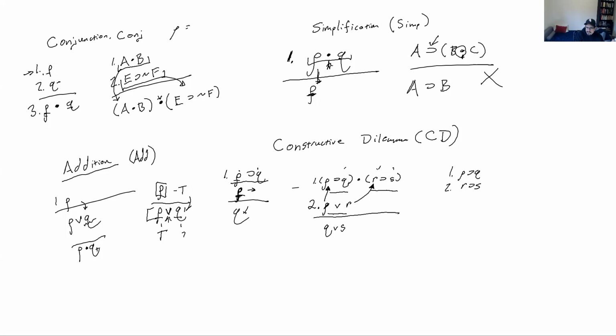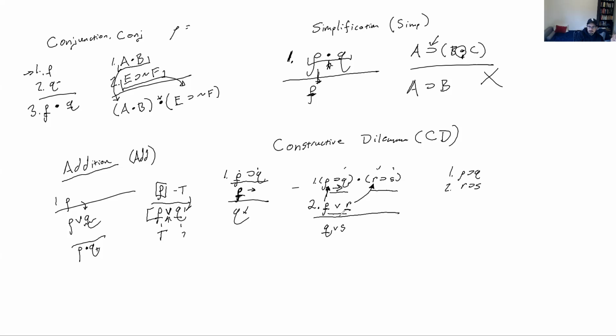Line 2 doesn't say that P is true, right? And it doesn't say that R is true. The only thing that it's saying is that at least one of those is true. Maybe P is true, maybe R is true. One of them must be true, maybe both. It's that inclusive or. So hypothetically, if P is true, that would mean that Q is true. So there's a possibility that Q is true, but not necessarily.